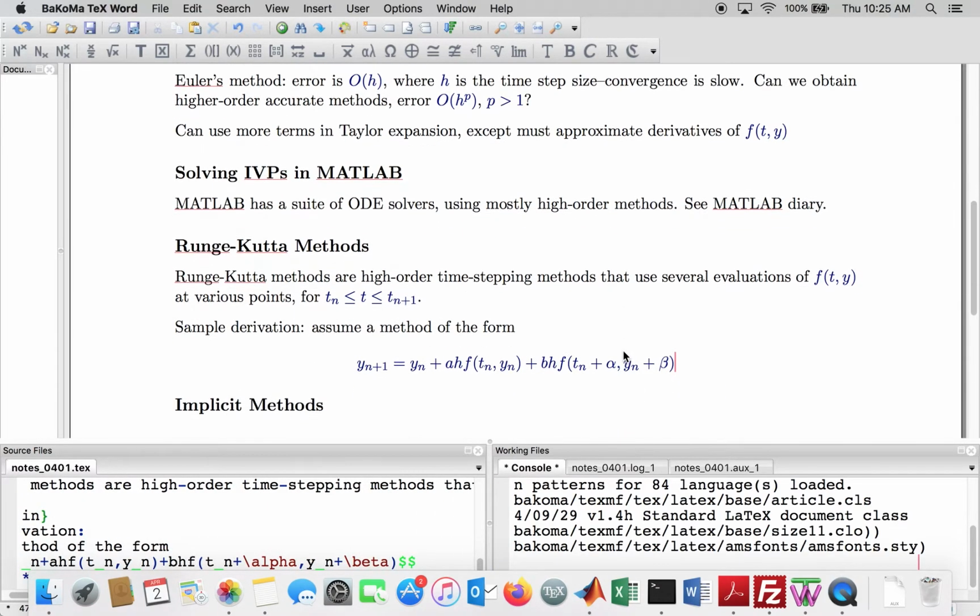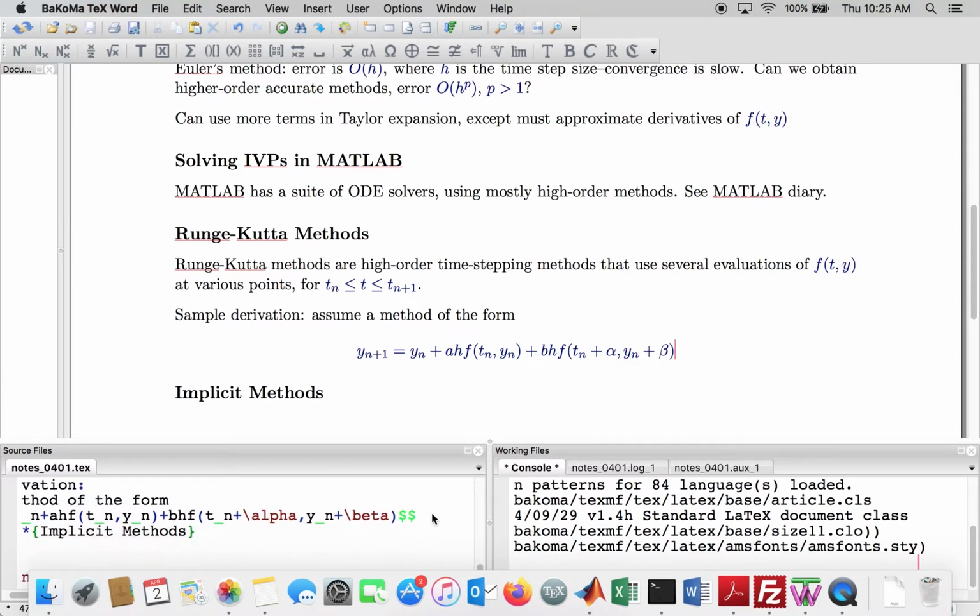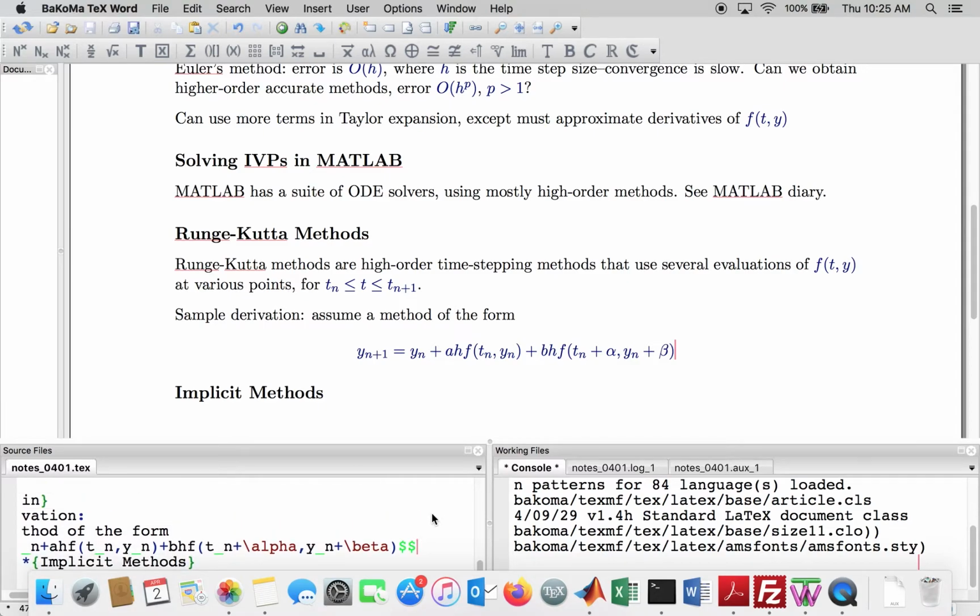So actually I have 4 unknowns: a, b, alpha, and beta. I need to figure out how I can choose a, b, alpha, and beta to try to get as high an order of accuracy as possible. So at least we will try to get second order accuracy.